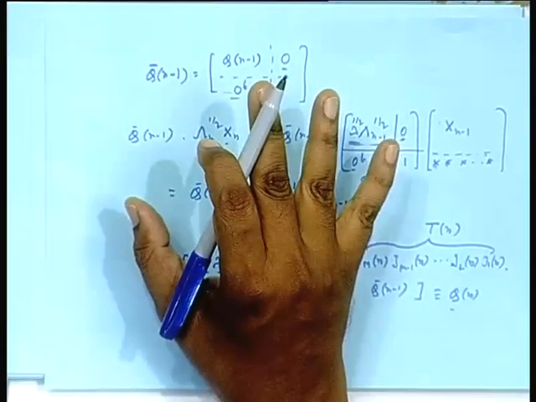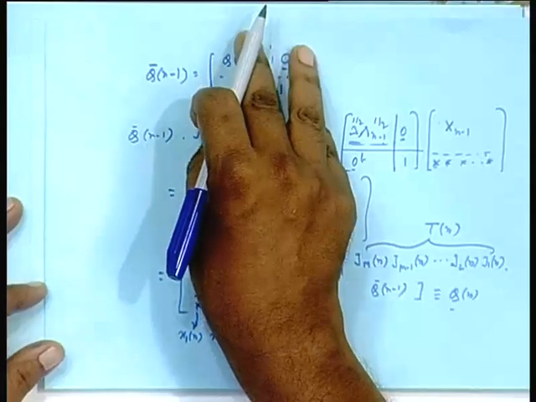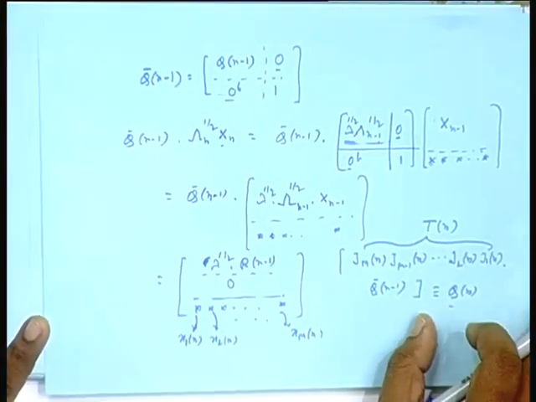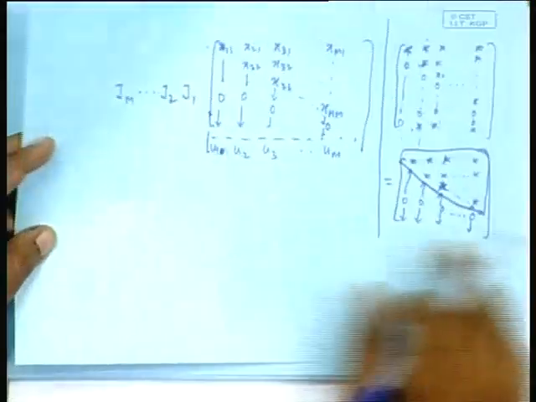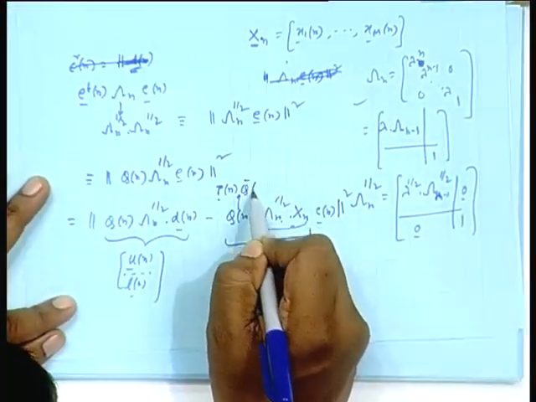This still remains unitary. I absorbed it in an identity kind of matrix, isn't it? So, this product is unitary, after this rotation only. So, this is T n into your q bar n minus 1.